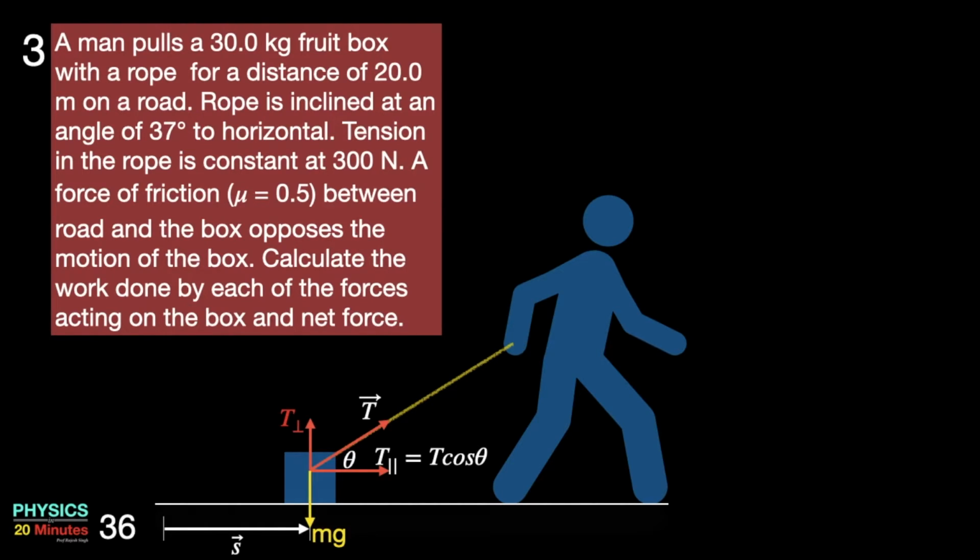Mg, weight of the box, will work in the downward direction. Normal reaction from the ground on the box will work in the upward direction, and force of friction works in the backward direction, opposite to the motion. So we have to calculate the work done by each of these forces. Let us start doing that.